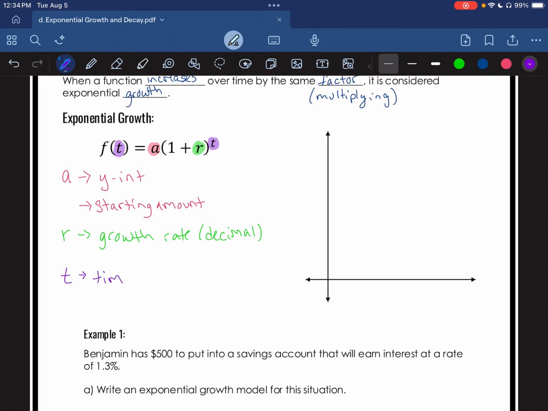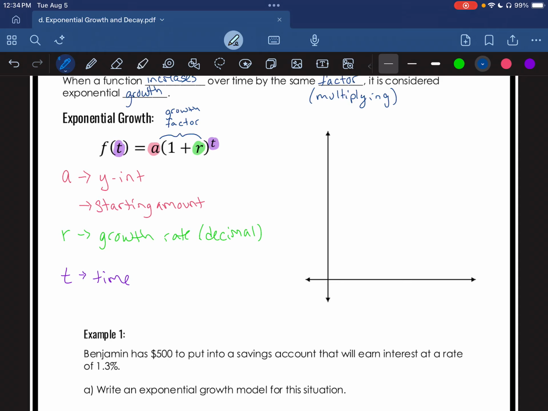And this whole expression, right, 1 plus whatever that rate is as a decimal, so like 1.07 for 7% growth, is known as the growth factor because this is the factor you're multiplying by over and over and over again, right? It's the base of our function.